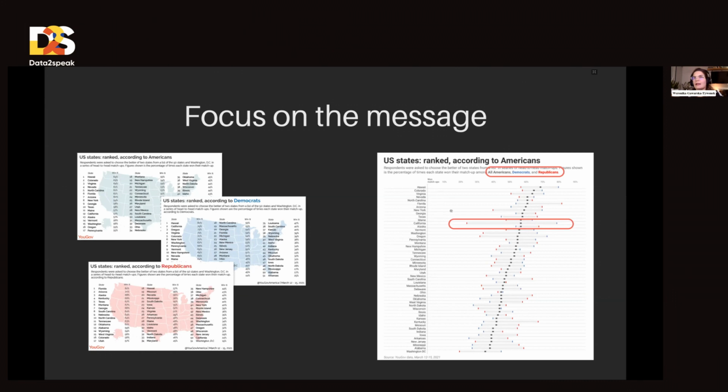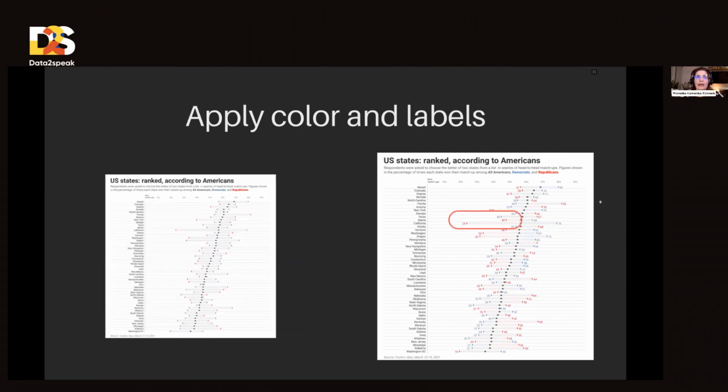And then we have information about the result in each of the categories. So that would be the first step. Instead of having three tables, we have one chart.